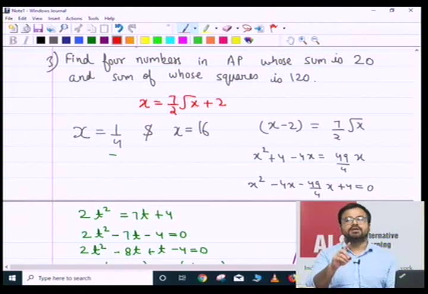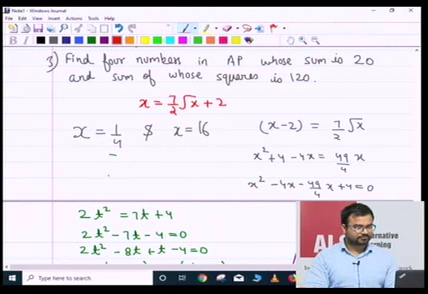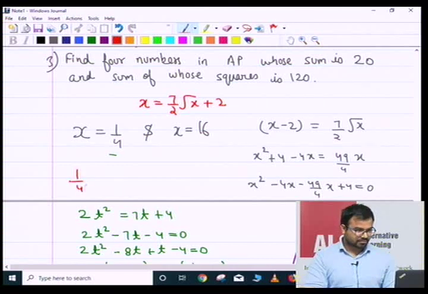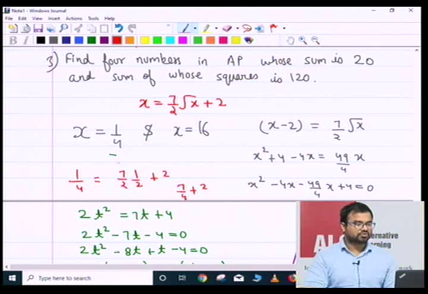Let's say we substitute 1 by 4 over there. See, 1 by 4 is not satisfying.